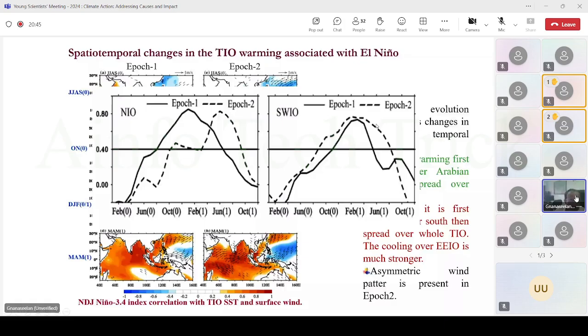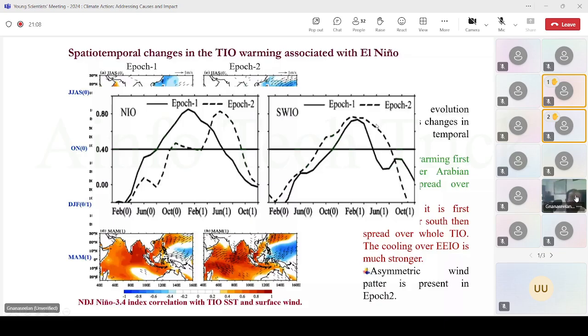If you look at these ENSO teleconnections, when the tropical Pacific warms, there is an anomalous cyclonic circulation as a Gill's response. These circulations will intensify the trade winds over this region because they are easterlies.